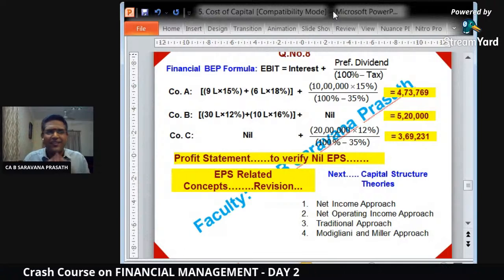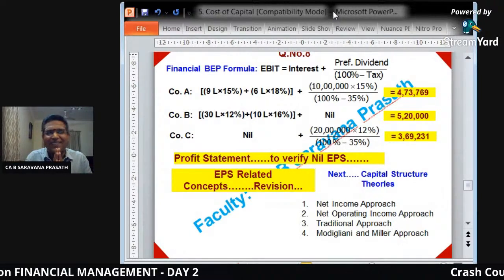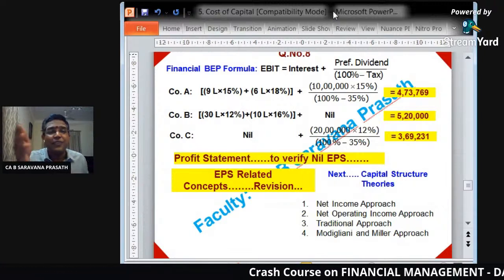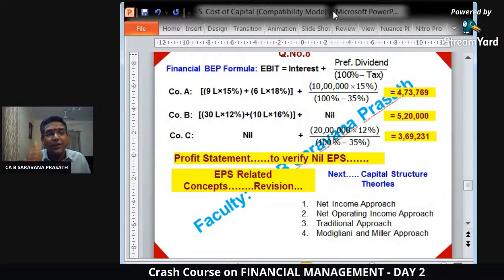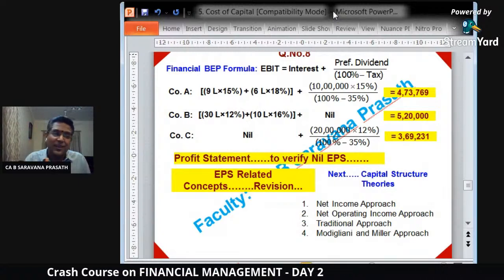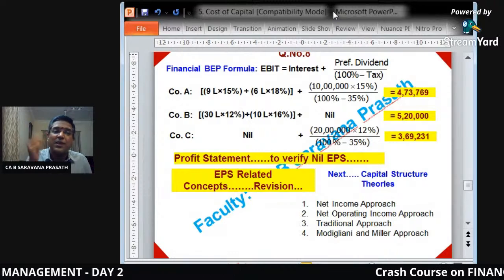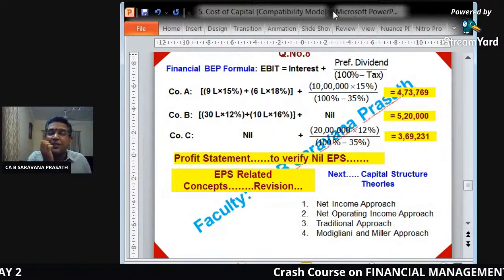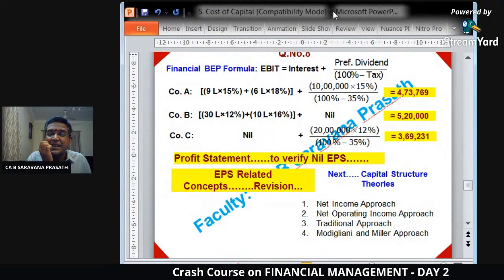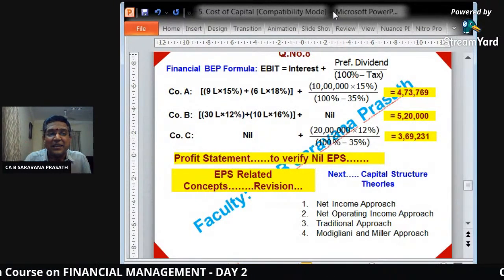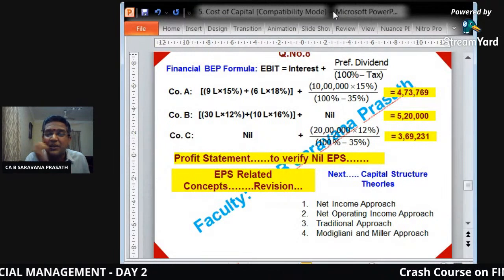He will be happy. I am also earning something. First company has to cross 473. Only then equity shareholder will be getting some residual earning. Second company B has to cross 5 lakh 20. So equity shareholder will be biting his nails and sincerely expecting when the company is going to cross, tension, anxiety.